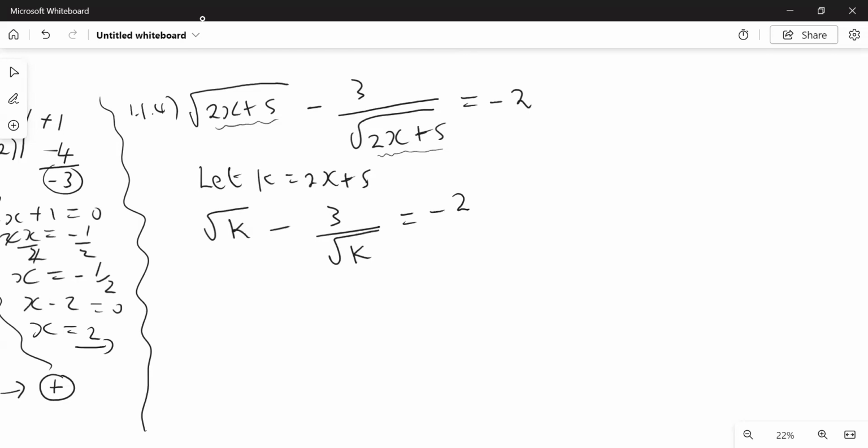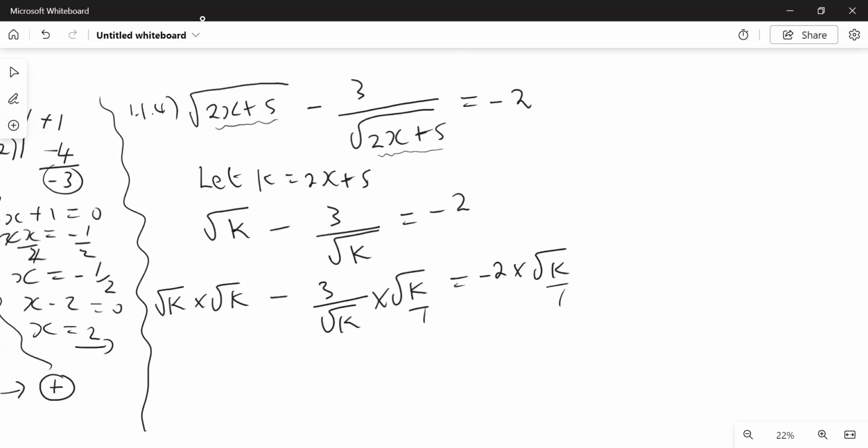So we need to multiply everything by our denominator so that we can avoid working with fractions. So we have K multiplied by square root K, minus 3 over square root K multiplied by square root K over 1, equals negative 2 multiplied by square root K over 1.